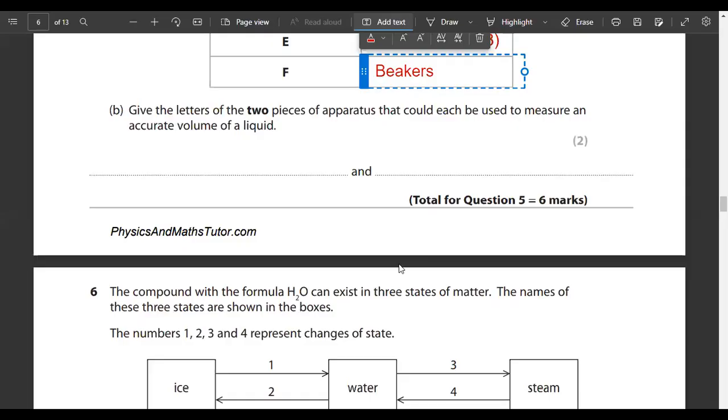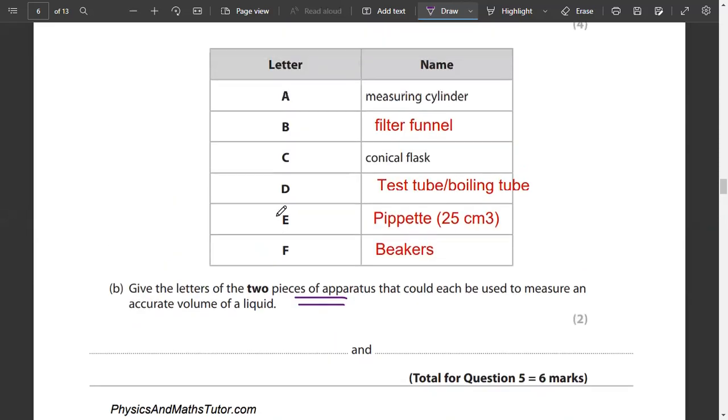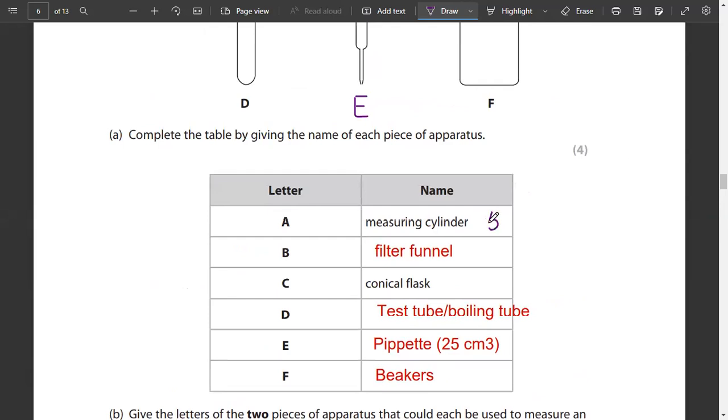Part B: give the letters of the two pieces of apparatus that could be used to measure an accurate volume of liquid. हमने दो pieces of apparatus के नाम बताने हैं that can be used to measure an accurate volume of liquid. तो पहला जो है वो A है, क्योंकि A भी exact volume ही measure करता है. वो 50 सेंटीमीटर क्यूब के भी होते हैं, 100 सेंटीमीटर क्यूब के भी होते हैं, और E भी specific है.